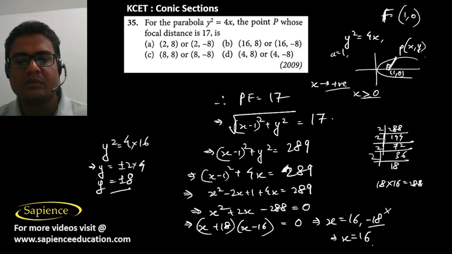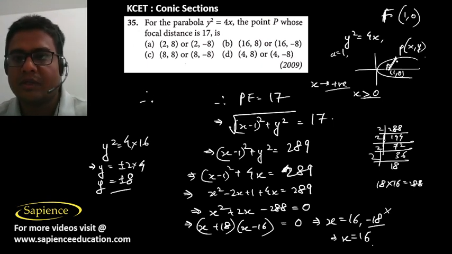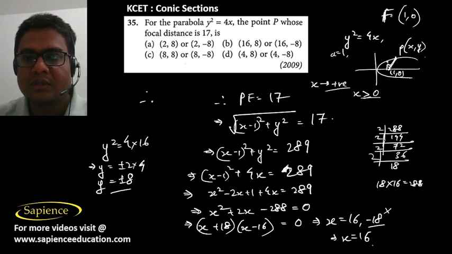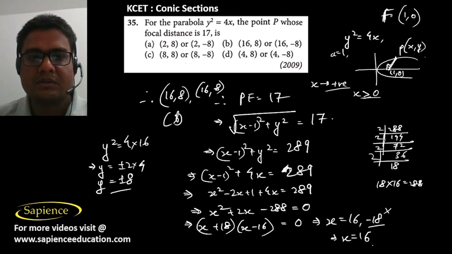So y can be plus or minus 8. Therefore the points on the parabola y square equal to 4x, whose focal distance is 17, one is 16 comma 8 and one is 16 comma minus 8. So option B is the correct answer.